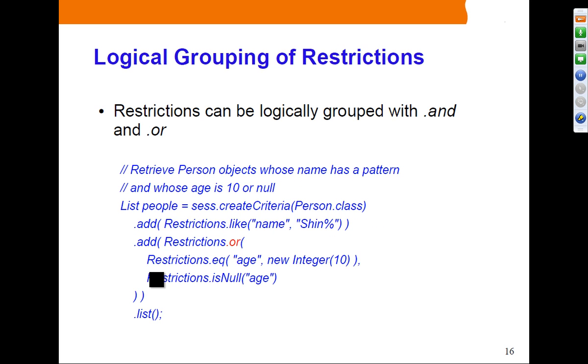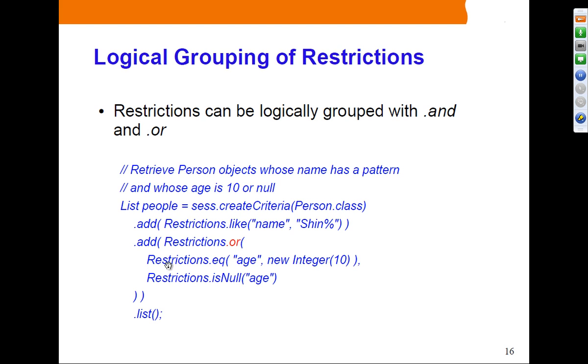Logical grouping of restrictions. As I said before, you can have an OR operation. Here the session is created, we create the criteria object, and then we call the add method, adding this restriction, and then we are adding another restriction, and this is an OR operation. The OR method of Restrictions will take criterion objects. So this is an equal, and either of these is a criterion object.